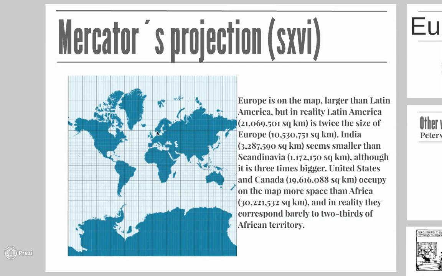And the final example, the United States and Canada, or this region of the map, occupies more space than Africa. And in reality, the United States and Canada correspond barely to 2/3 of the African territory. So you can understand that this visual representation we have in our minds of the world isn't exactly what the world really is.